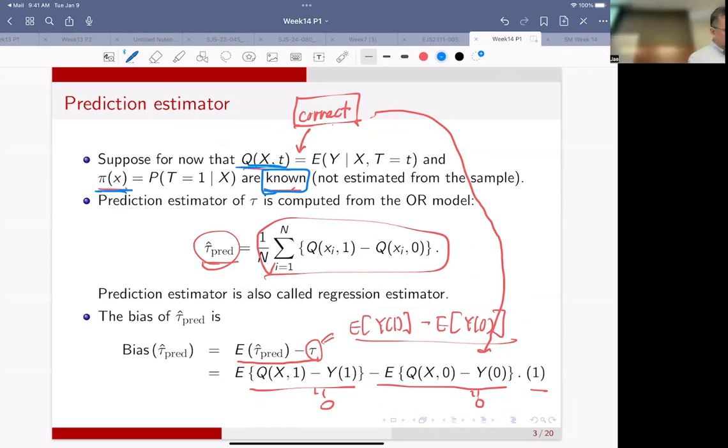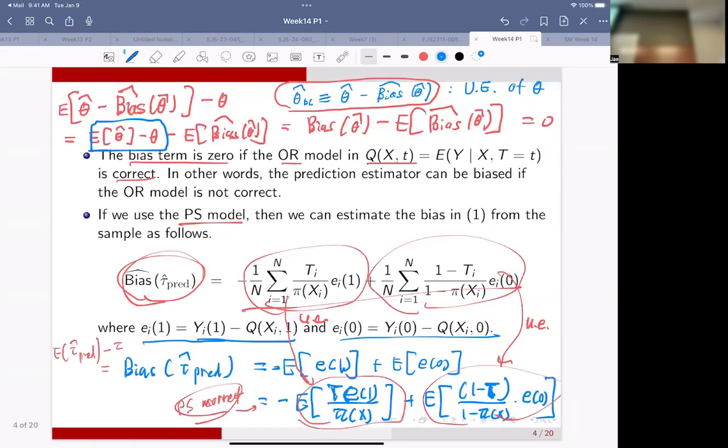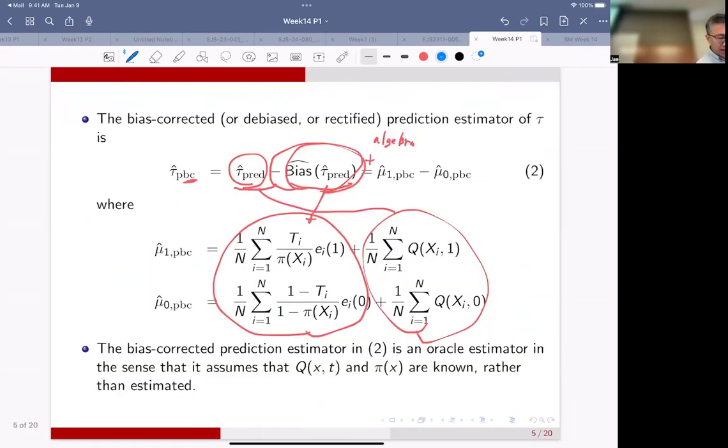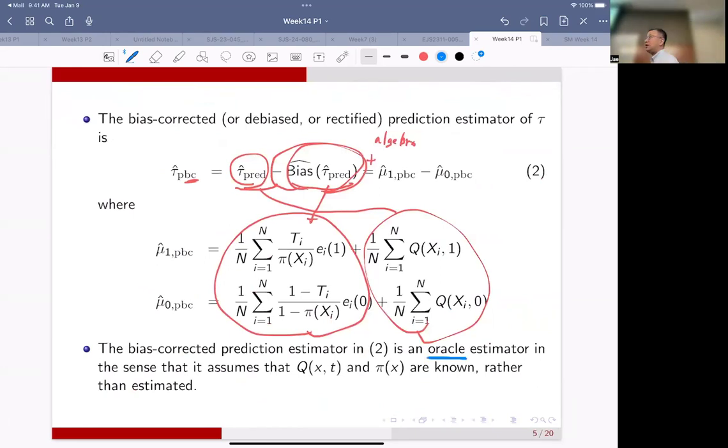So in the statistical literature, this kind of estimator is sometimes called the oracle estimator. Oracle estimator means that we know the true function.